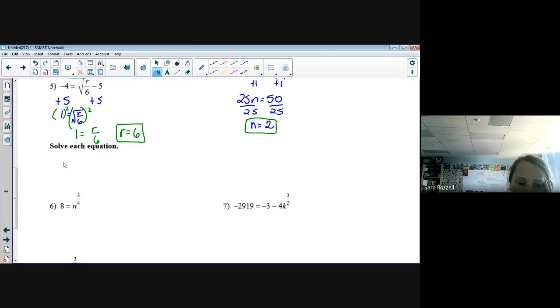So to solve these with the fraction exponent, you want to get the base and power by itself.